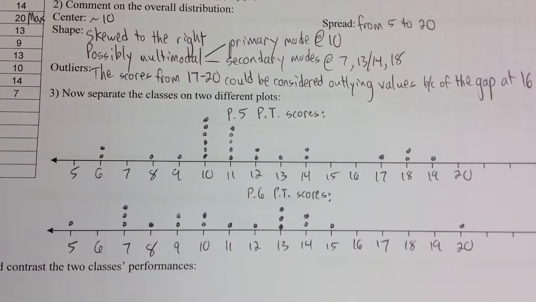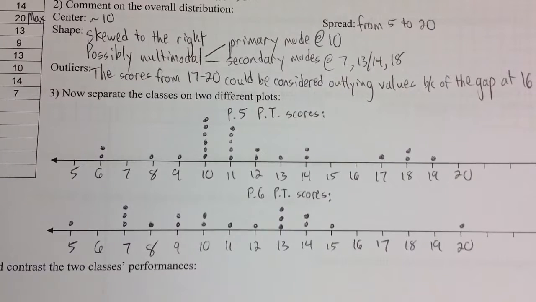Agreed. Tell me about center and spread, please. The center of period 5 is probably going to be 10, or between 10 and 11. And period 6 is probably 11 or 10. Yeah. Center's very similar.